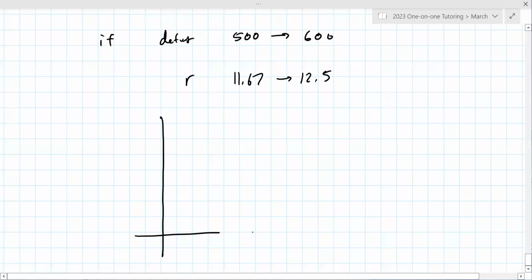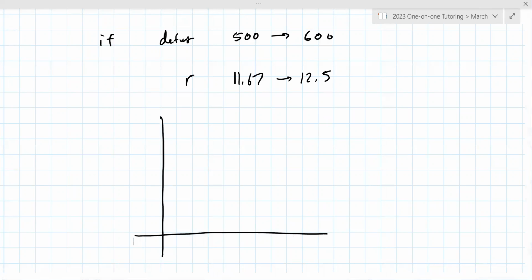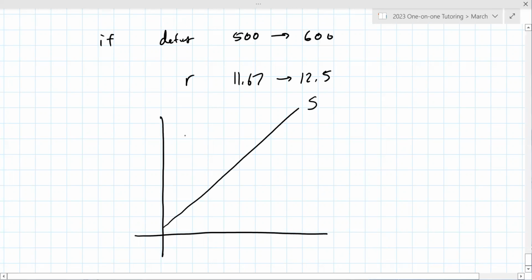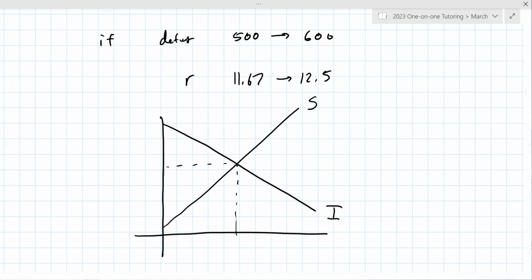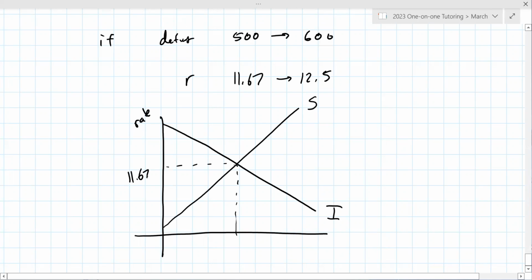So they graph these. And let me see here. So the graph is, we've got savings going up, investment going down, and your rate is over here for whatever reason, but that original rate was 11.67.